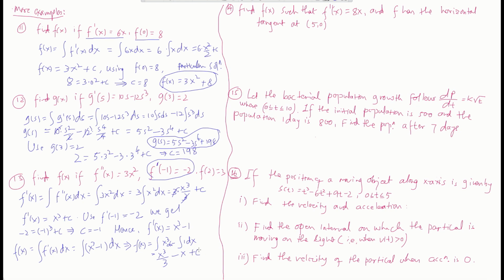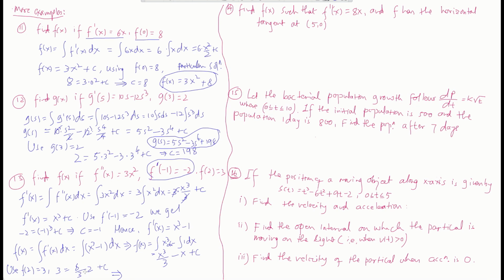Now to find the value of c, you plug in f(2) equals 3. We get 3 equals, plugging in 2 for x, 2 cubed is 8, over 3, minus 2, plus c. What is 8 thirds minus 2?